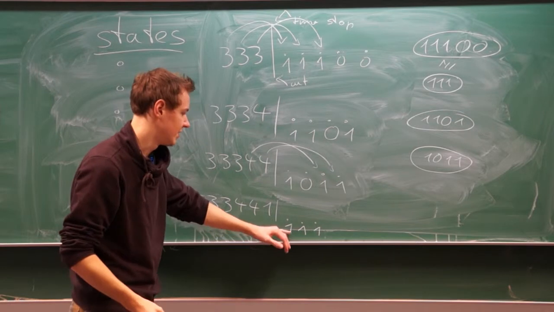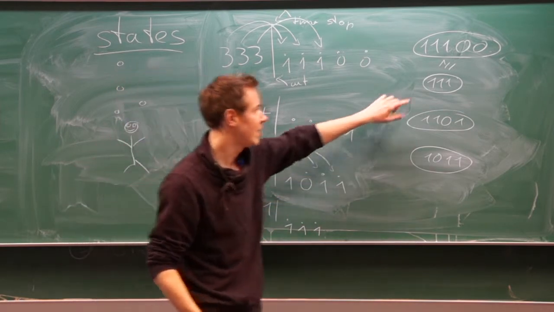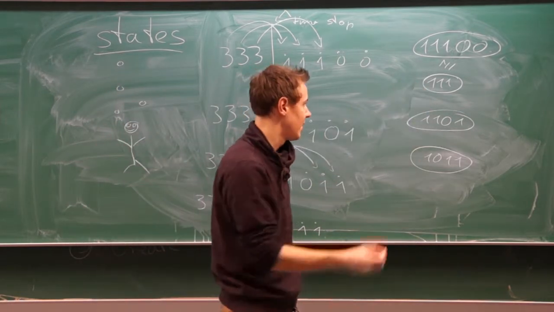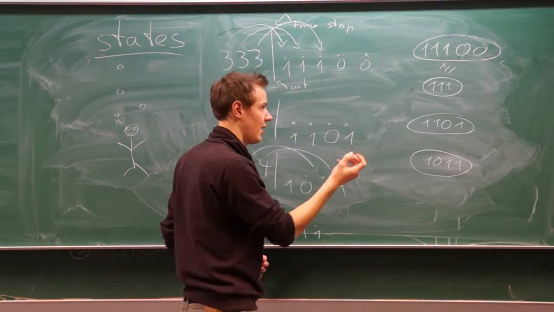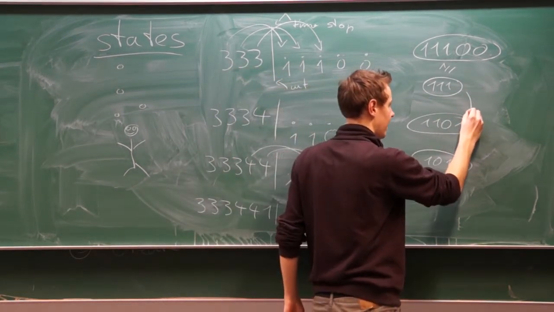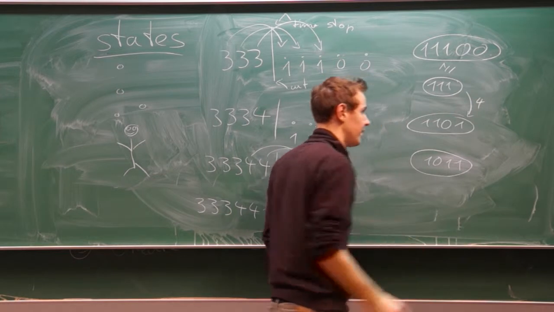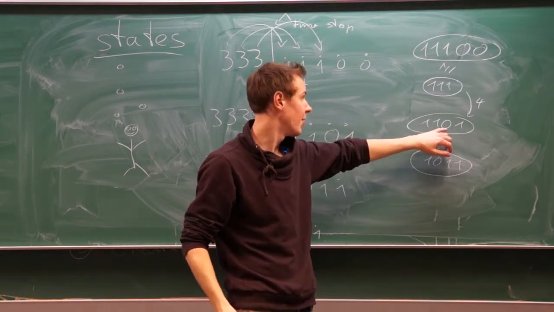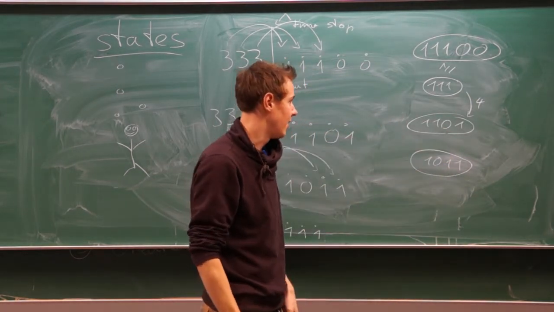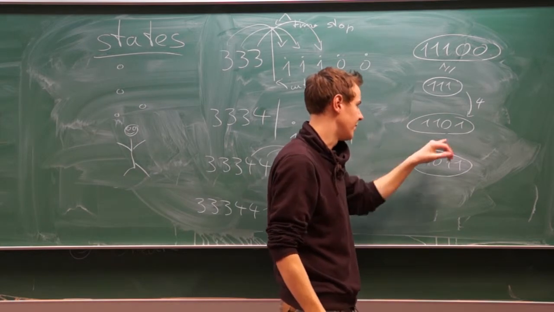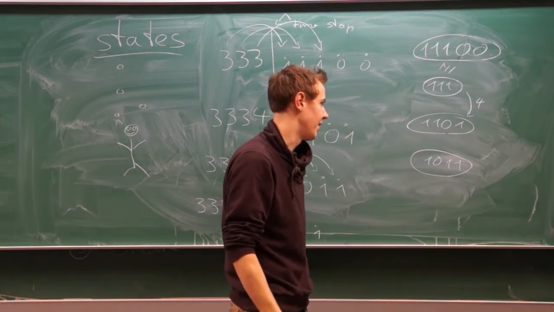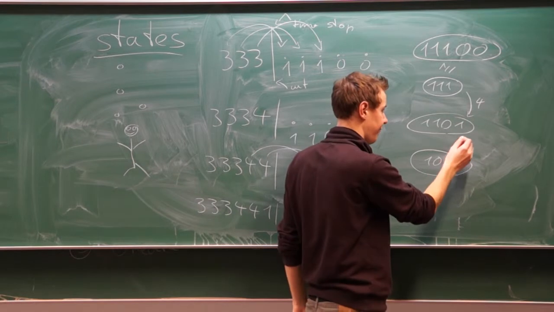How you can read it: it's 1, 1, 1. So it's the same state like here. And what I did is I made a throw, namely a 4, to reach this state. Now I'm here, and now you see I got a gap there, right? And then I'm doing another 4.